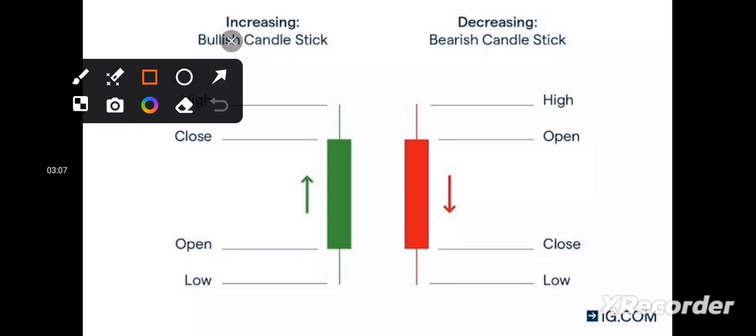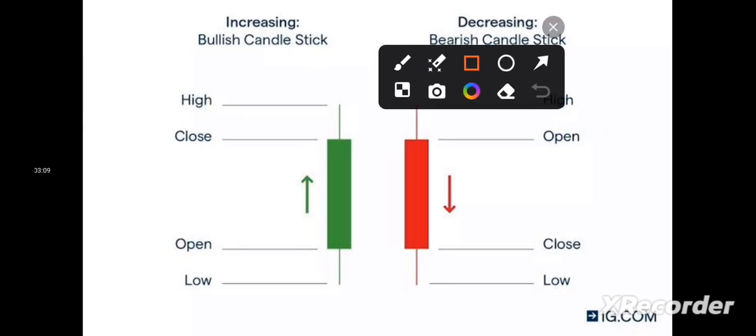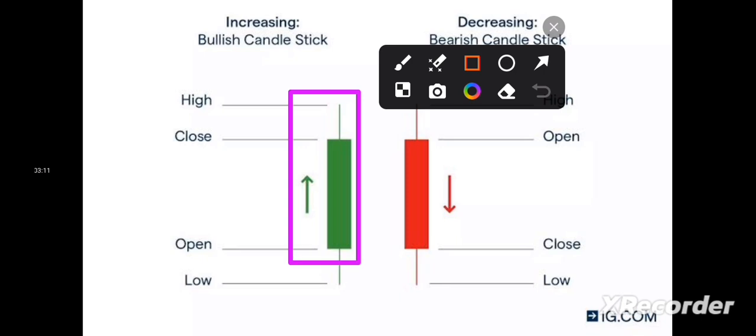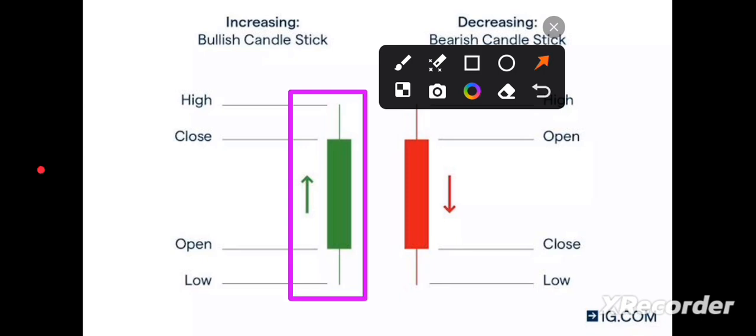Let's focus on a bullish candle for now first. So this is a bullish candlestick. You can see the upper shadow or wick. It is the high, and the lower shadow is called the low. What does that mean? A bullish candle always goes up.